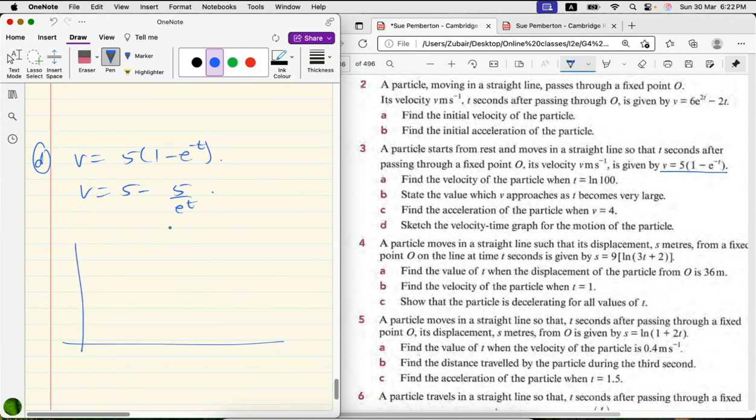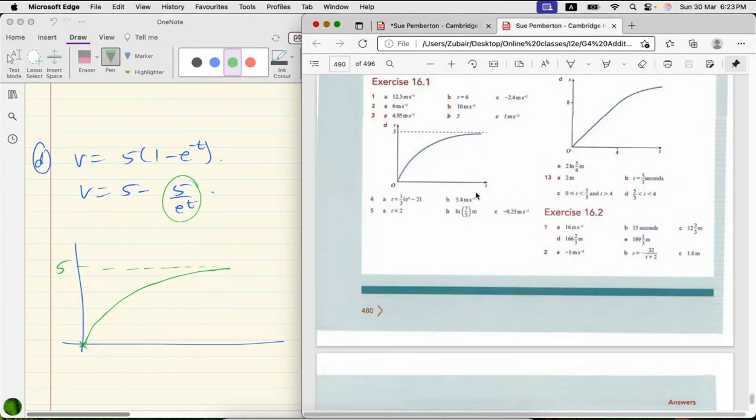When t is 0, when time is 0, so that's 5 minus 5, which is 0. And when t keeps increasing, this fraction keeps on decreasing. So we get a curve which approaches 5 as time continues.